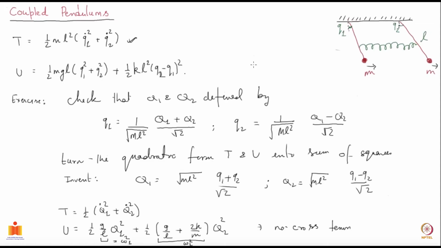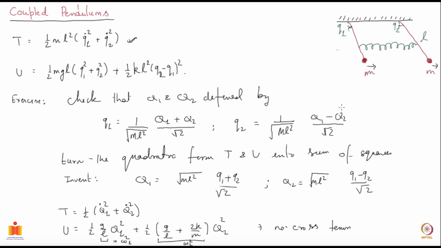Here is how you can see that. When Q2 is at rest, that mode is not activated, only Q1 is there. Q2 at rest means small q1 equals small q2, meaning these two pendulums are moving in the same direction together without stretching this. That is the mode. And clearly when Q1 is 0 and the other mode is activated, these two are going in opposite directions, right? Because when Q1 is 0, you get small q1 equal to minus small q2.